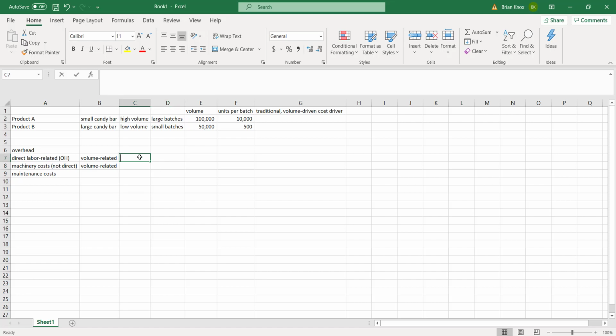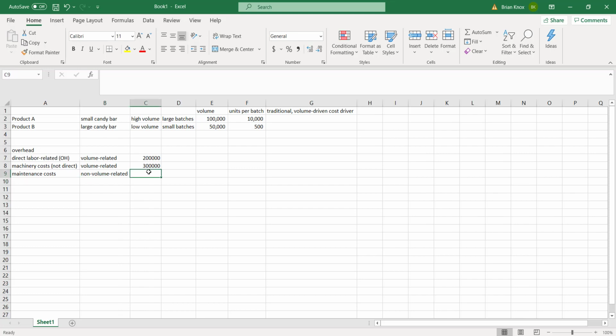And so let's just put some numbers in here. Let's say we have $200,000, and $300,000 of machinery-related costs. Now, maintenance costs. Let's assume that these are not volume related, in the sense that we incur most of these costs when we change batches. So it increases the wear and tear on our machinery to do a new batch, to finish one batch and do a new one.